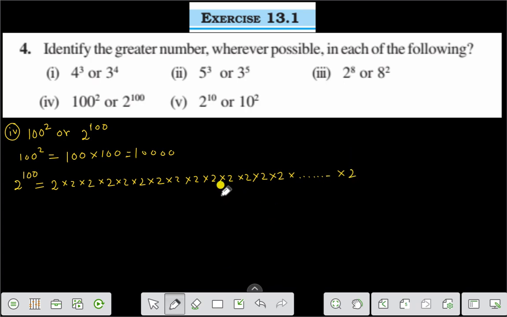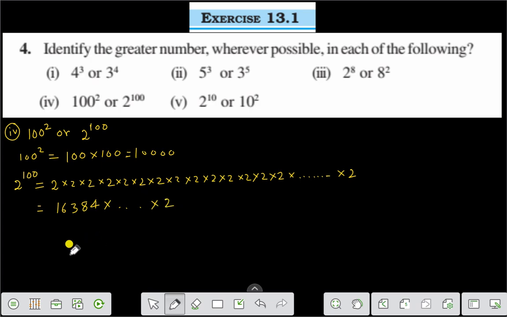That means if you multiply all these, 1 2 3 4 5 6 7 8 9 10 11 12 13 14 times, then we'll get 16,384, right? And that can be again multiplied up to 100 times by 2, right?